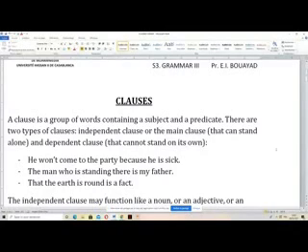Take: he won't come to the party because he is sick. If we divide this sentence into two parts, that is, two propositions, two parts that have certain meaning.